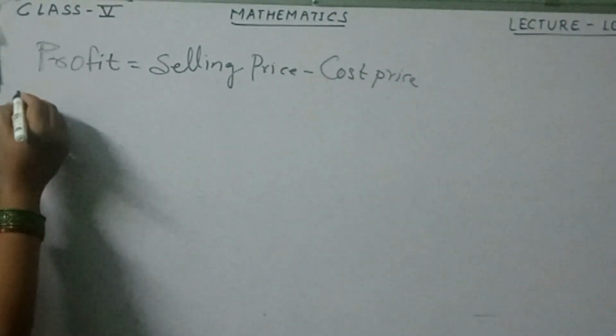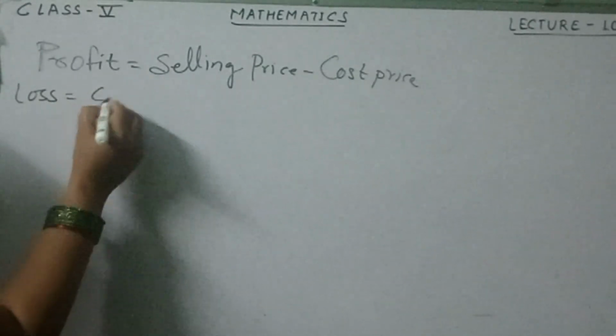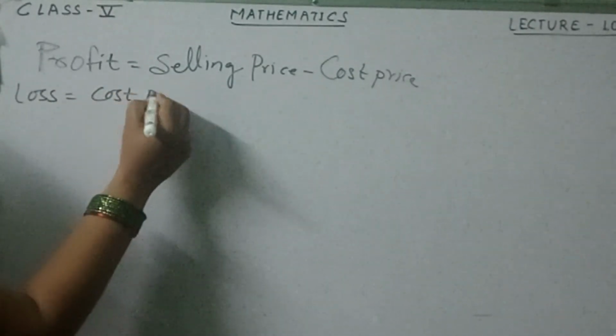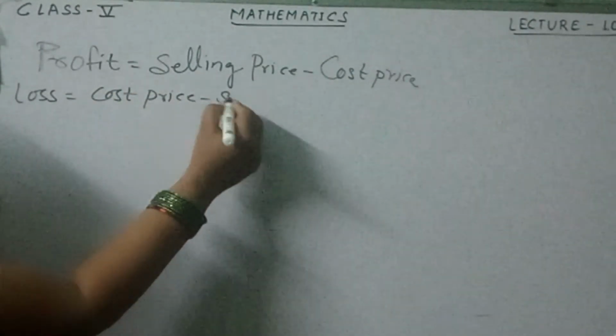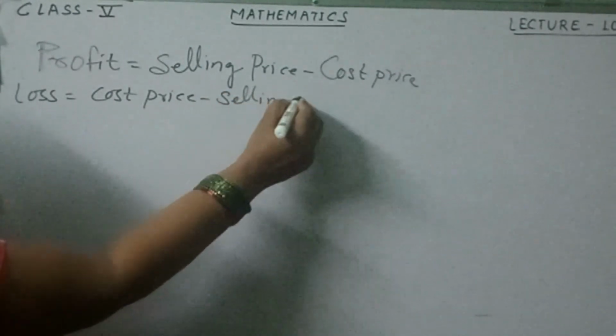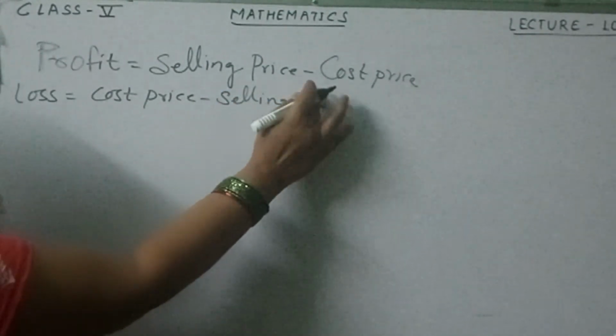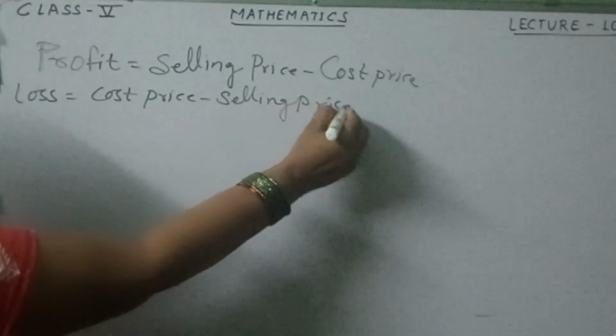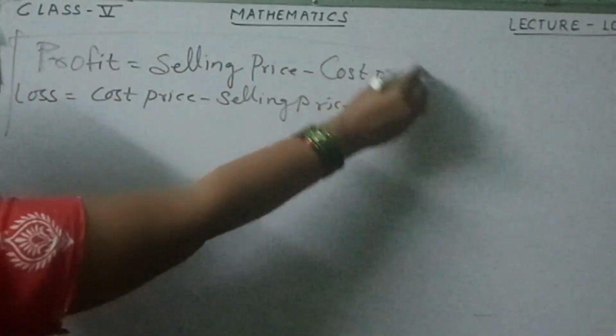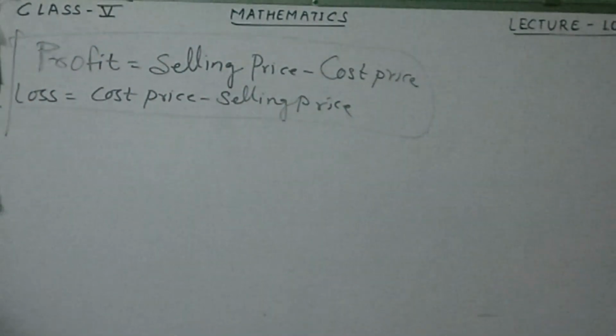And loss is just the opposite, you write cost price minus selling price. These are the two formulas to find the loss and profit.